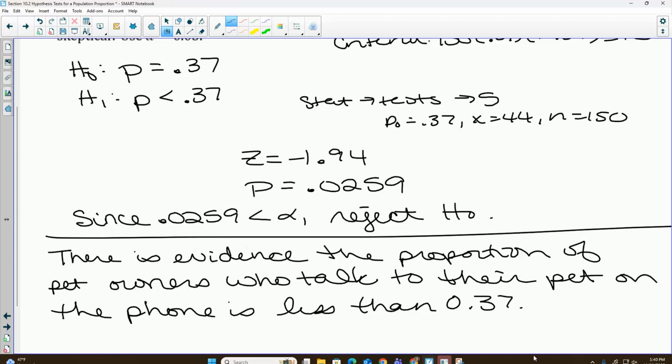So, do you guys understand what I'm expecting you to show on these problems when I'm asking you to test it using the P code?